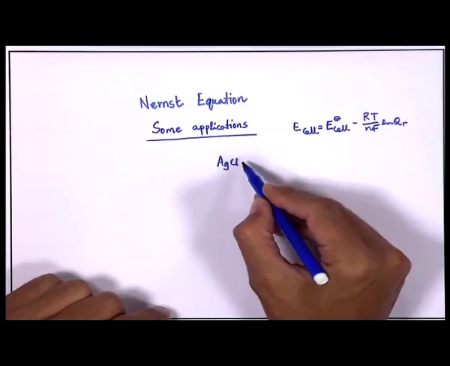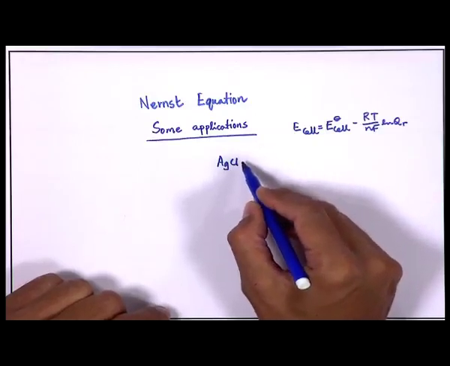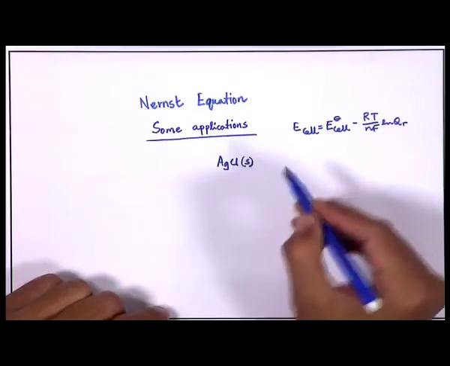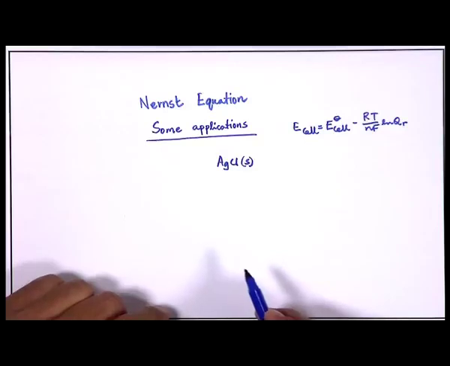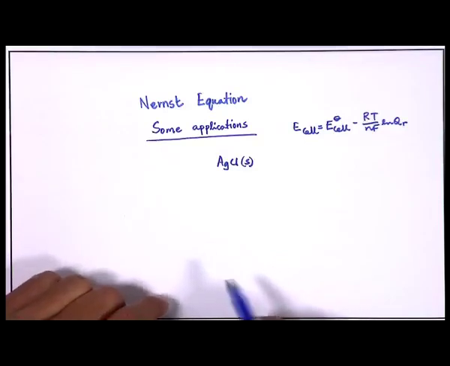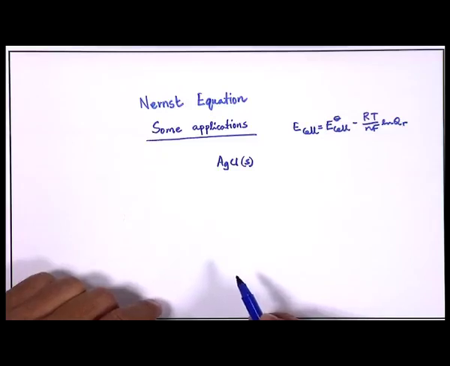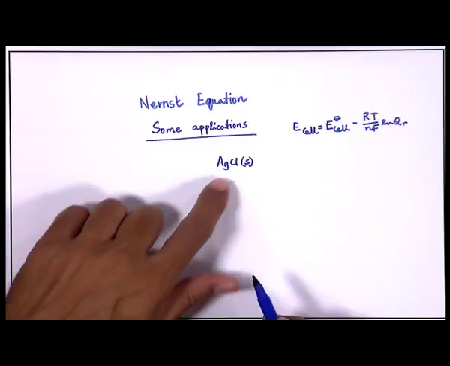When you try to dissolve solid silver chloride, it appears that it is not at all soluble, unlike sodium chloride. If you add sodium chloride, that is regular salt, to water, it is completely soluble, but this one is not.